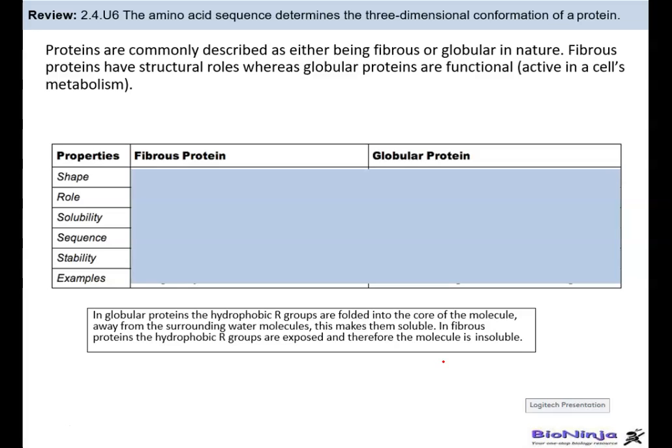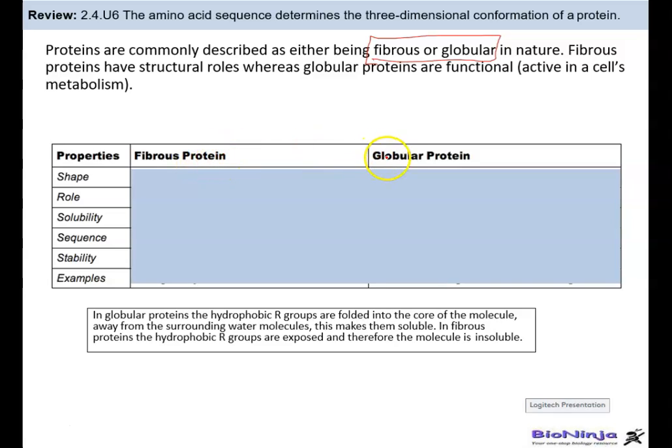So pause the video and think about the properties of proteins. Proteins are commonly described as either being fibrous or globular. We have two different types of protein in nature. One of them is fibrous and the other is globular. Do you remember what fibrous was?